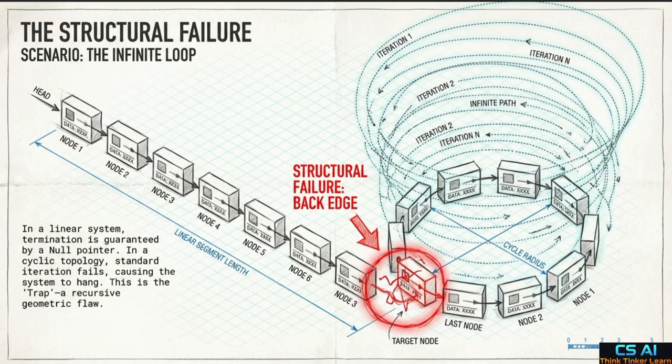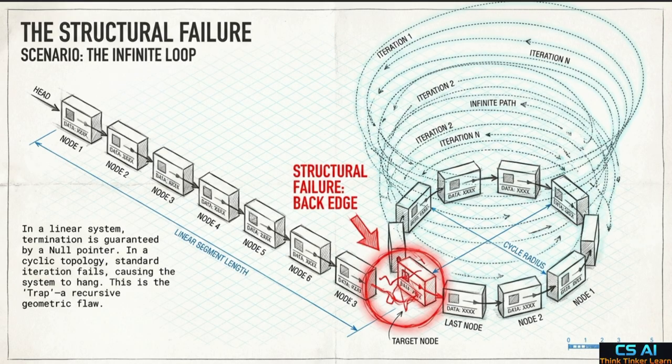Let's start by understanding the structural failure scenario, the infinite loop. In a perfectly linear system, termination is guaranteed by a null pointer at the end. However, as shown in this diagram, a structural failure, a back edge, can occur when a node deep within the list points back to an earlier node, forming a cycle.